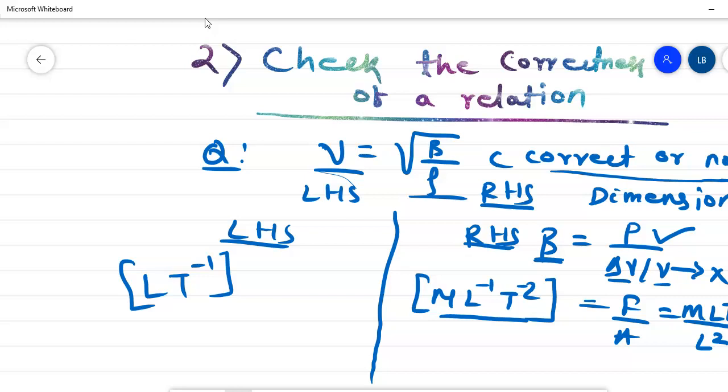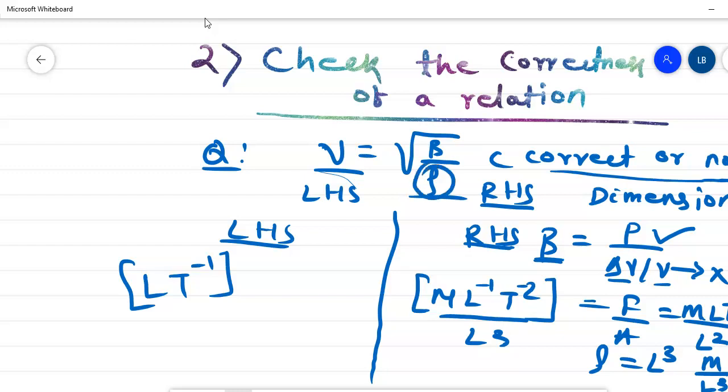So I got the dimension of B, and what is the dimension of density? The dimension of volume is L cube and mass is M, so M by L cube is density.